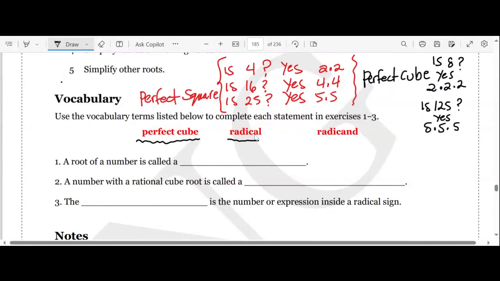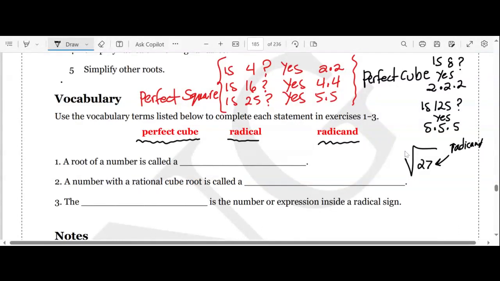And before I told you what a radical is, right? And I told you what a radicand is, right? Remember that? Okay. So you need to use the vocabulary terms listed below to complete each statement in exercises 1, 2, 3. So 27 is considered what? Radicand, right?